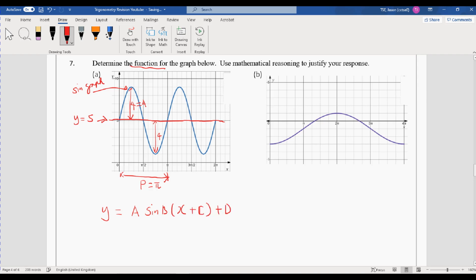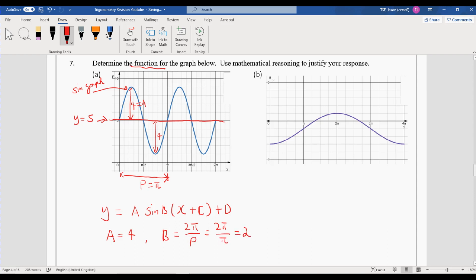First, a must be 4. How about b? Because we know the period is pi, b is 2 pi over the period, 2 pi over pi, which is 2.